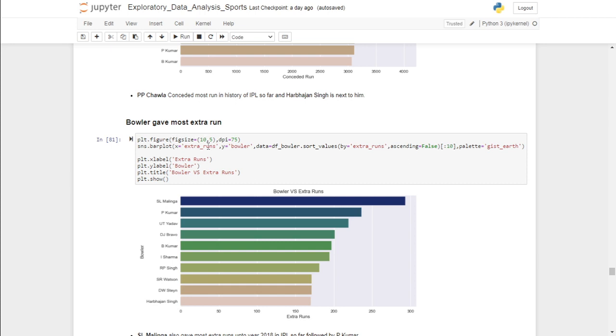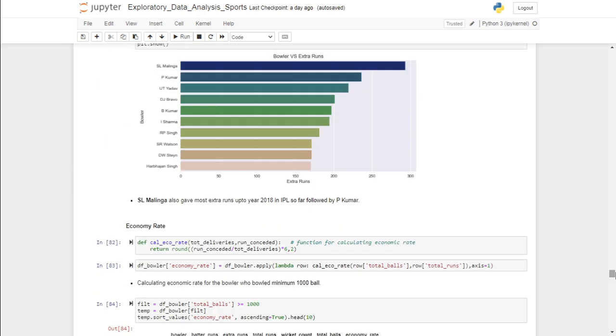And the player who gave more extra runs also tops with SL Malinga. He also took the most wickets in IPL, and also gave the most extra runs. After Malinga, there are P Kumar and UT Yadav behind him.